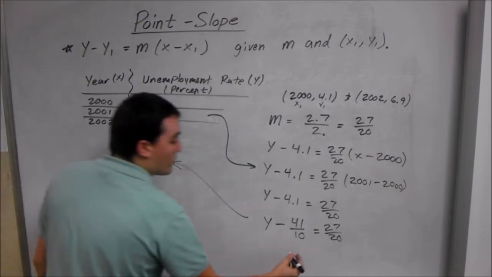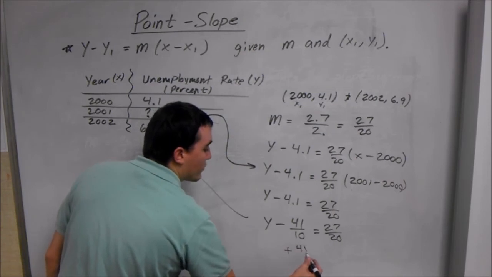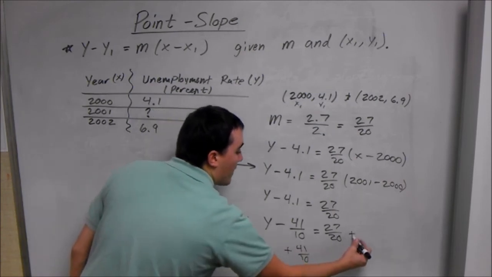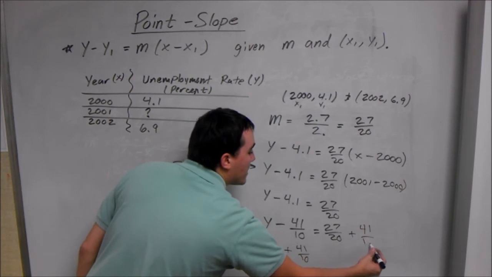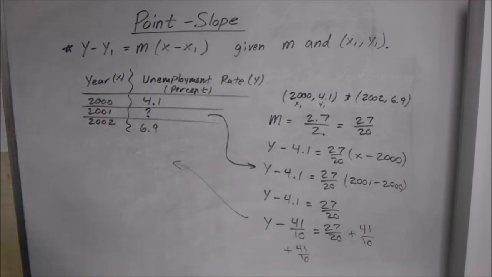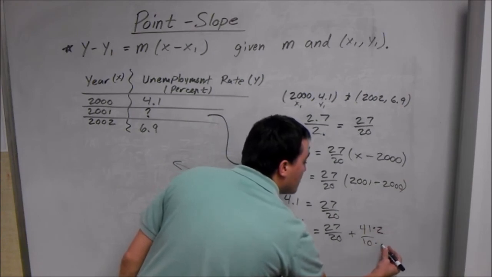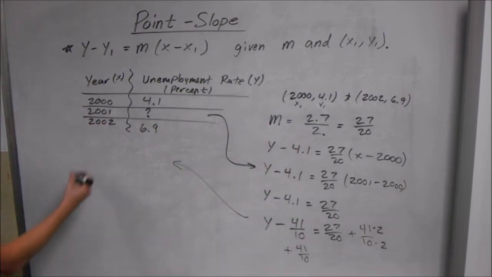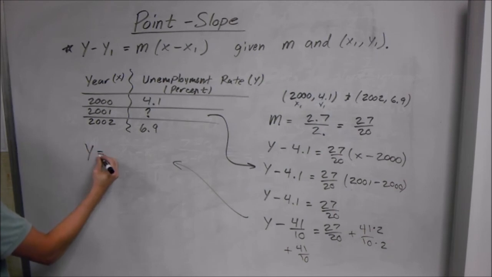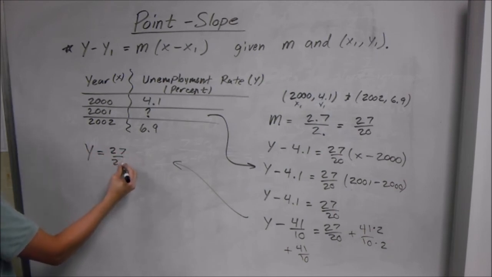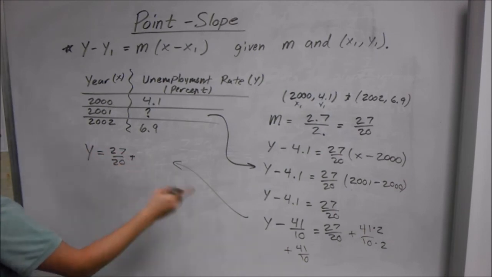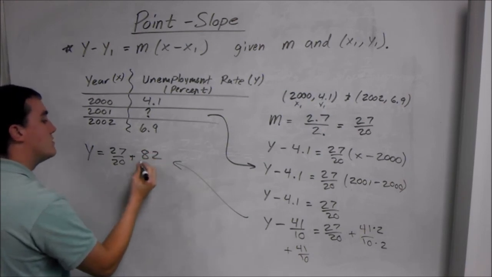To get rid of the 41 over 10, we need to add it since we're solving for y. So we're adding 41 over 10 to both sides. We need a common denominator. We know both of those go into 20. So we multiply this by 2. So we get y equals 27 over 20 plus 41 times 2 is 82 over 20.